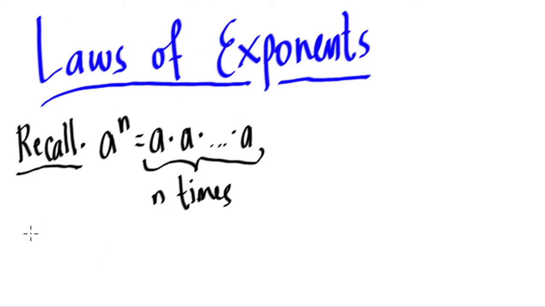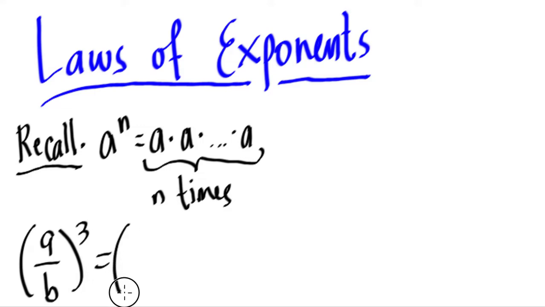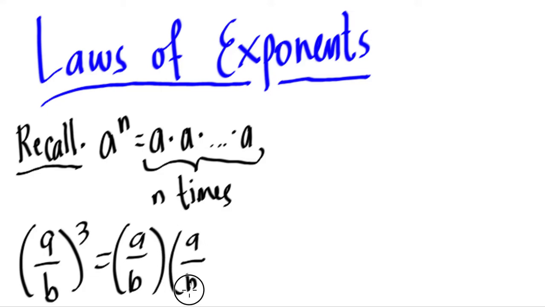So let us raise a over b to the third power. Now this is equal to, by this definition, we are raising this term here three times. So it's like saying that this is a over b times a over b times a over b.